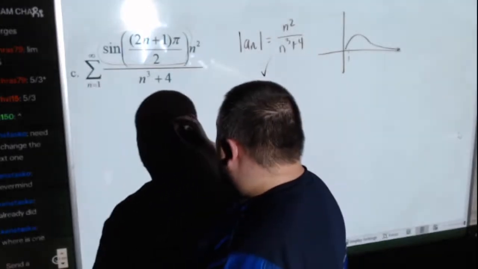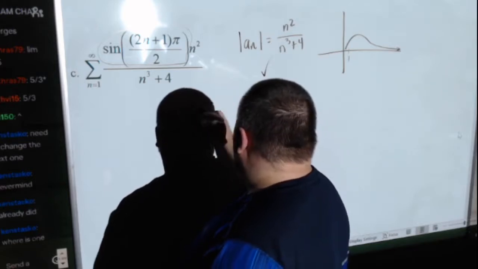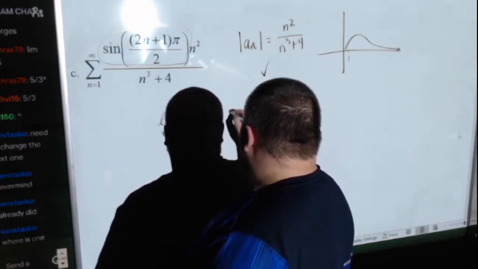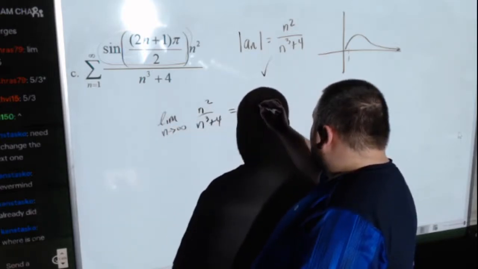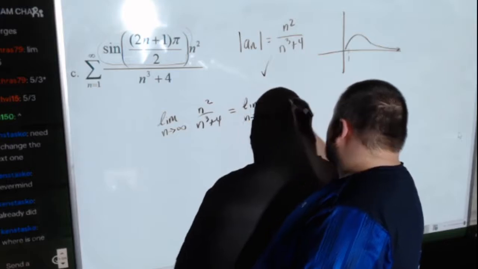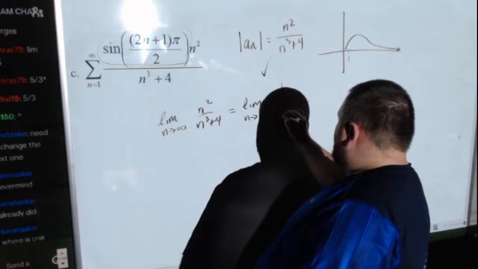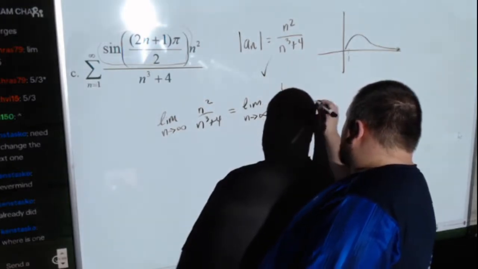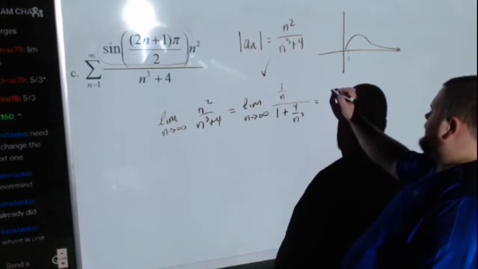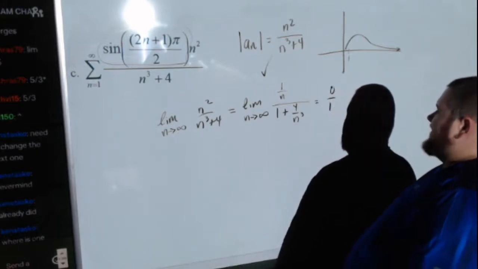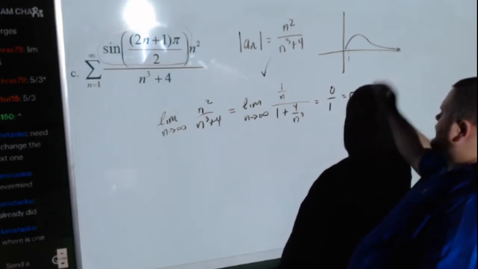Second part, limit as n approaches infinity of n squared over n cubed plus 4. Divide by n cubed. When I do that, I get 0 over 1. That's 0. Passes that one too.